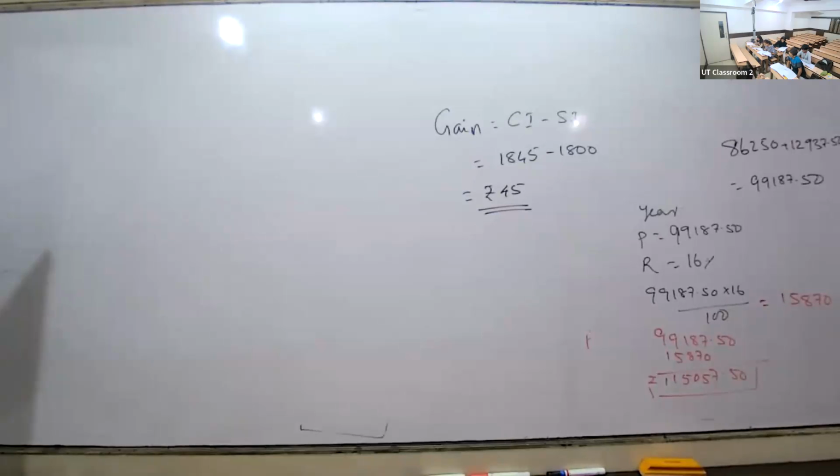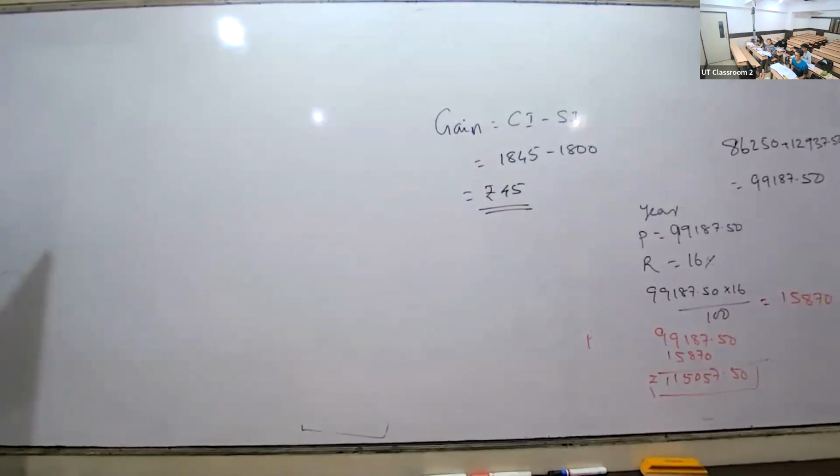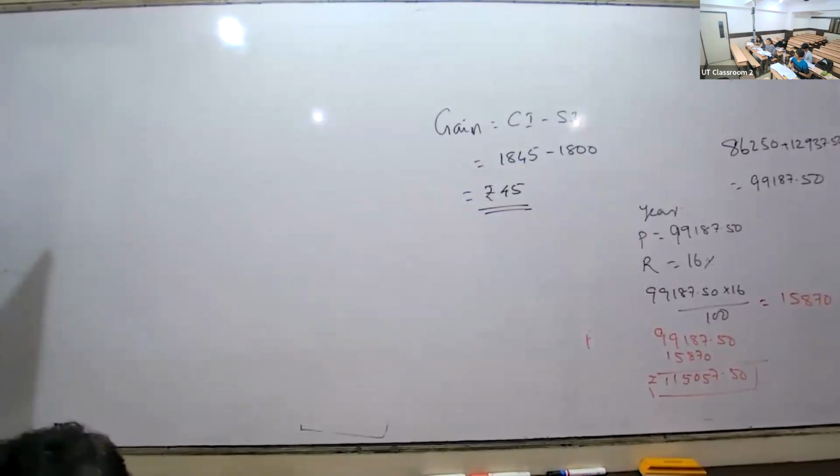Interest of the second year, 432, and amount 4752. Interest of the third year, 475.2, amount 5227.20 rupees.